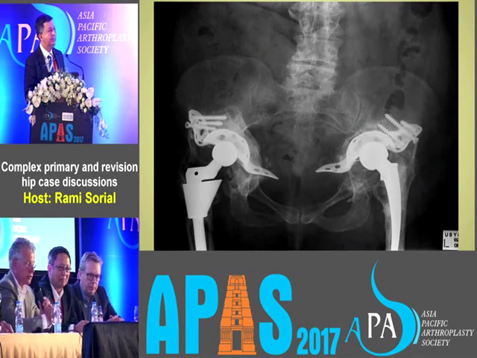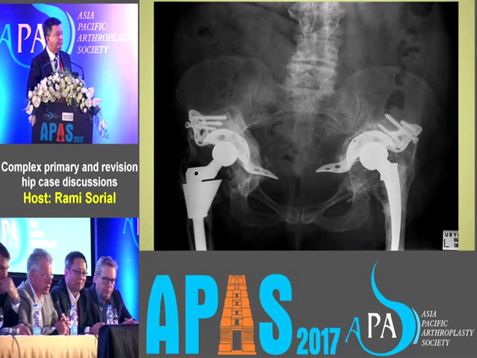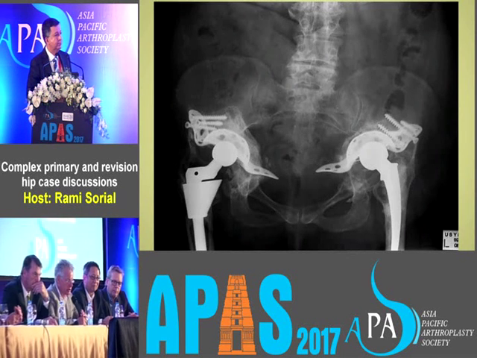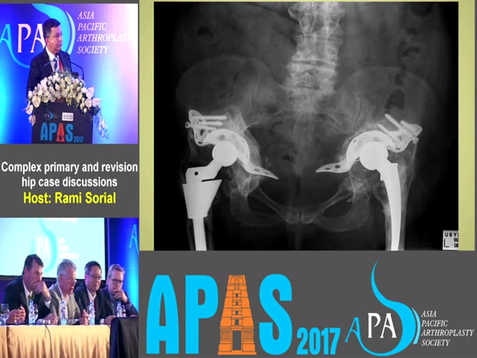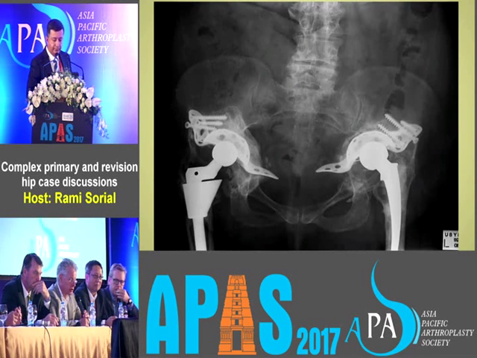I have the same thought. So I think this situation is not too bad. It seems that there is some posterior support still. So I would go for an allograft, and I would fill up the defect in the medial part, and then I think I would go for either a jumbo cup fixed with a lot of screws or a cup and cage system.